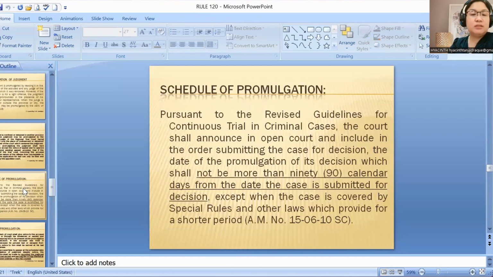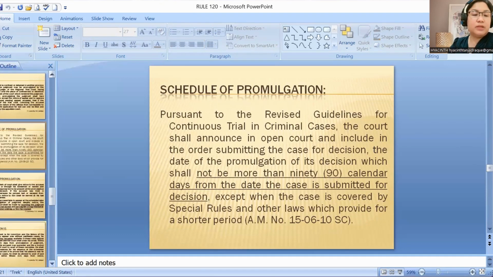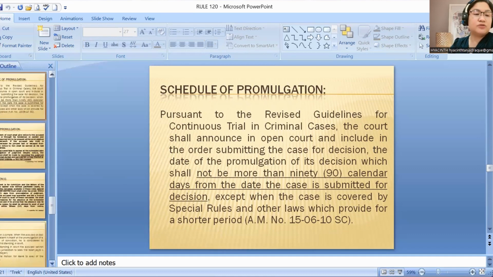When shall be the promulgation of the judgment? Administrative Matter Number 15-06-10-SC, or the continuous trial rule. The court shall announce in open court and include in the order submitting the case for decision the date of promulgation of its decision, which shall not be more than 90 calendar days from the date the case is submitted for decision.